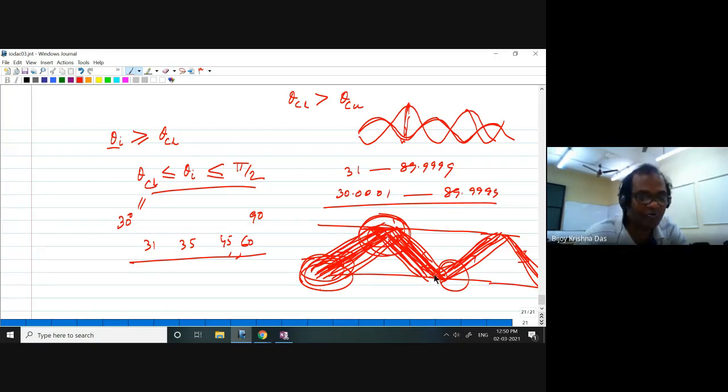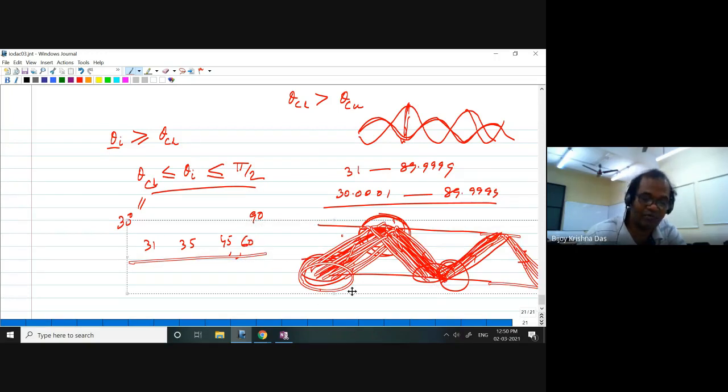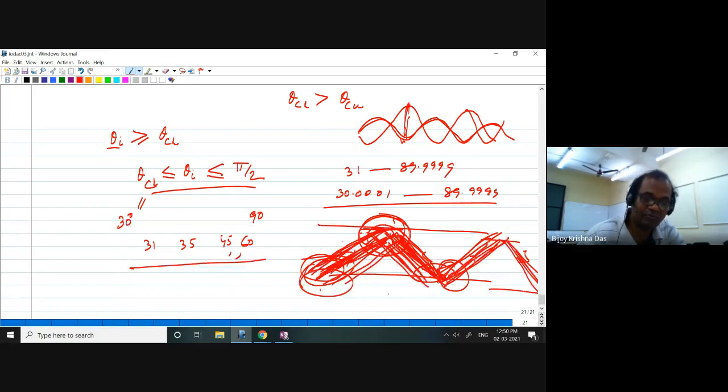Again traveling, it will acquire some more phase, then again it will reflect. So there will be two reflections in this path. After these two reflections, you cannot expect that the phase will be identical here, here and here. Consider this point A and this point B.